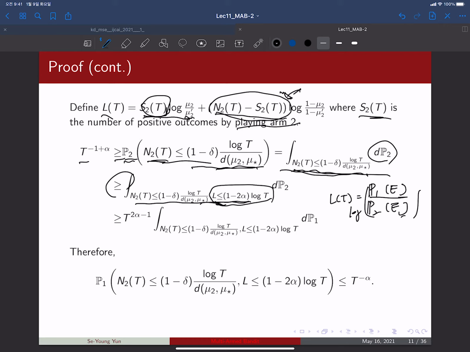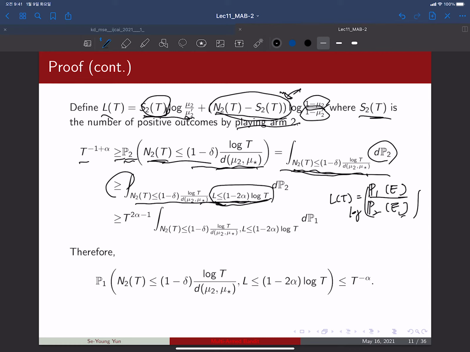For the zero outcomes, the original model has 1 minus mu2 probability, but for the same event, the P2 measure has 1 minus mu2 prime probability. When you take log of P1 event over P2 event, we have the LT value.